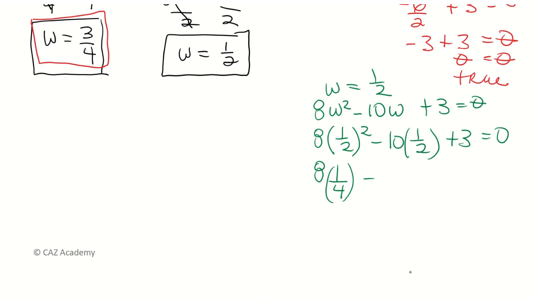minus 10 times 1/2. Those can be divided by 2. So 10 divided by 2 is going to give me a 5, and 8 over 4 is going to give me a 2. So I've got 2 minus 5 plus 3 equals 0.